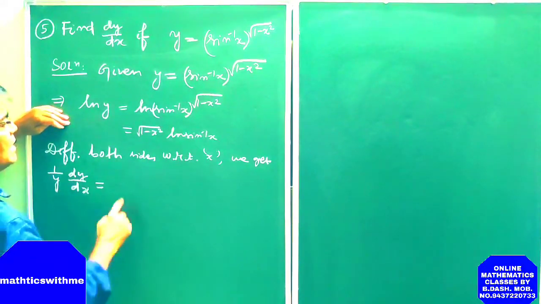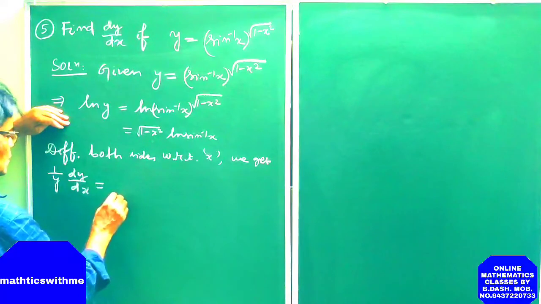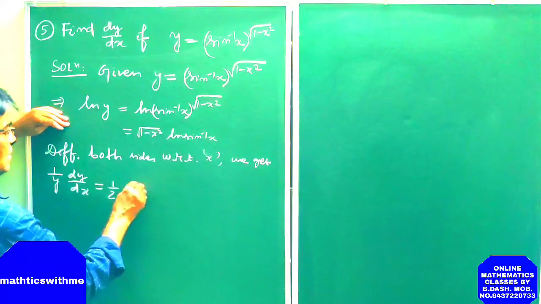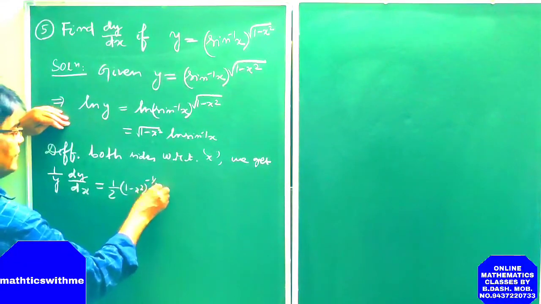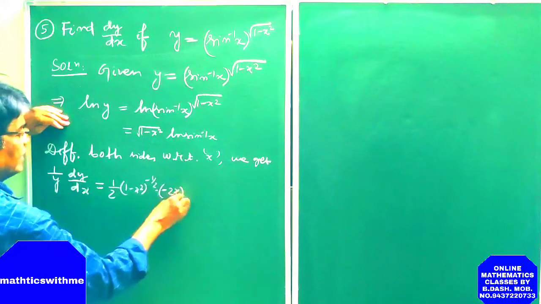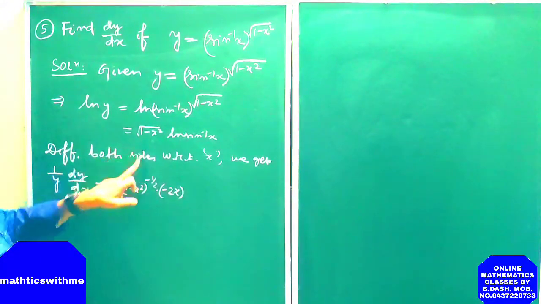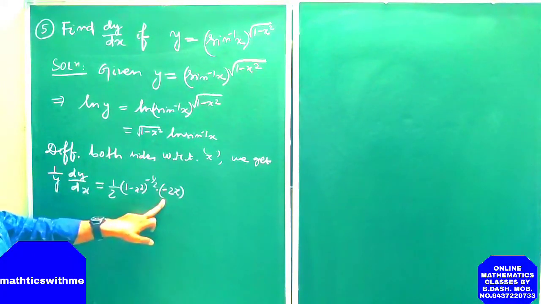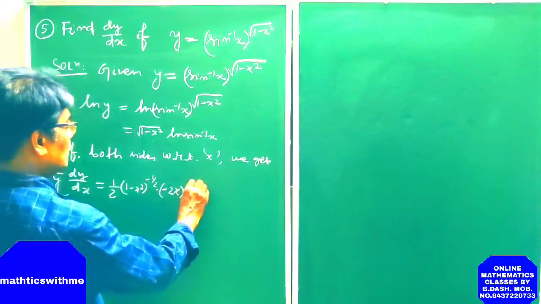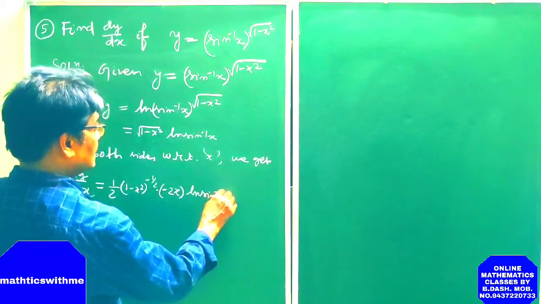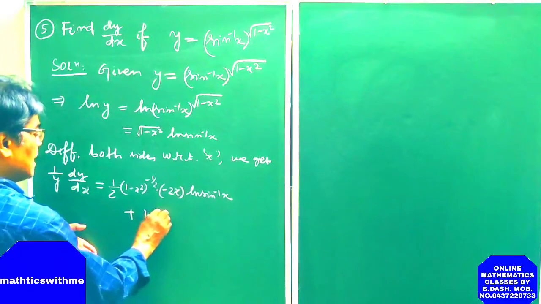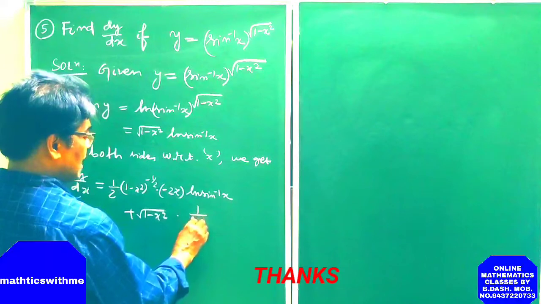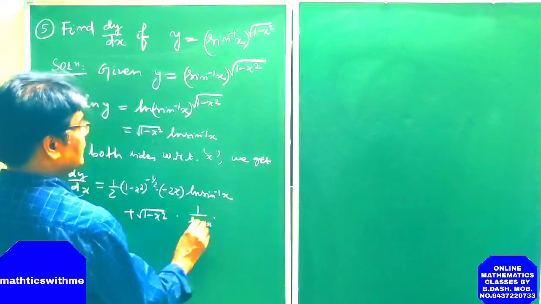Now the derivative of root over 1 minus x square is 1 by 2, 1 minus x square to the power minus half into minus 2x, into ln sine inverse x, plus root over 1 minus x square into the derivative of ln sine inverse x, which is 1 by sine inverse x.